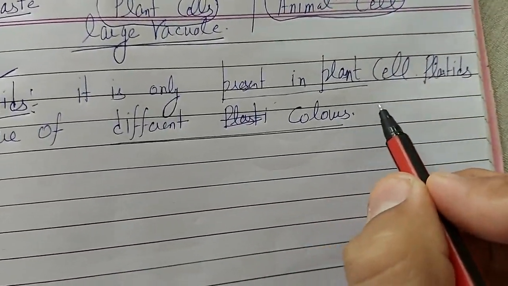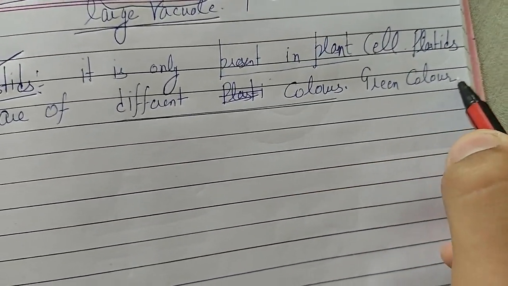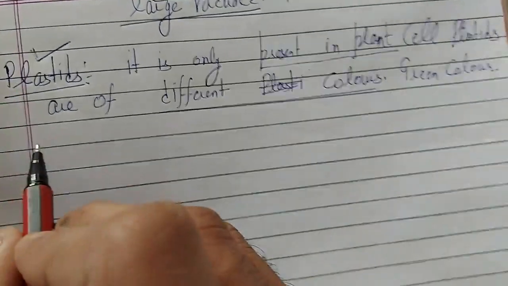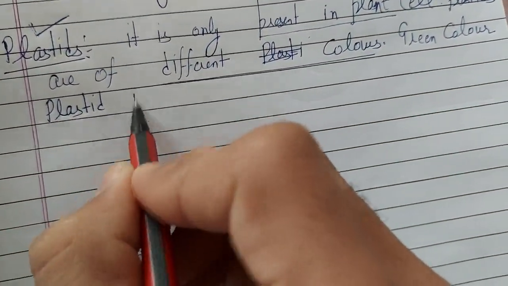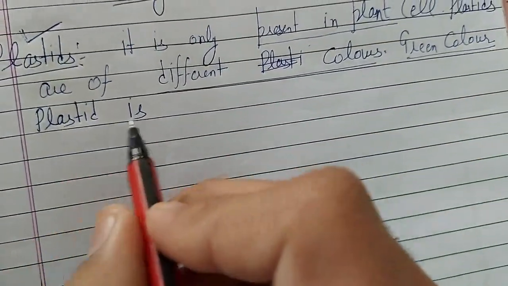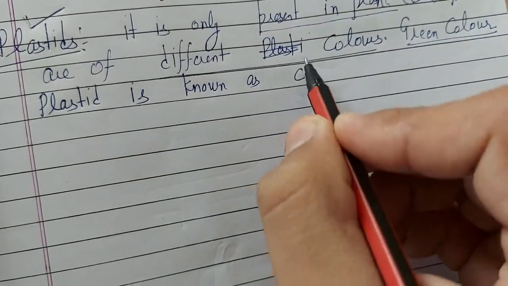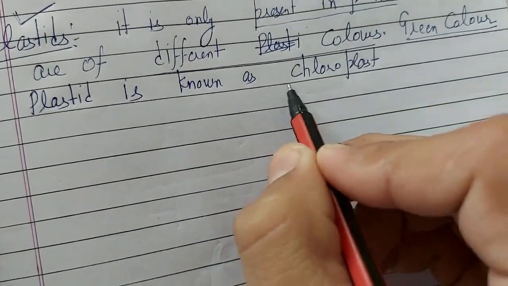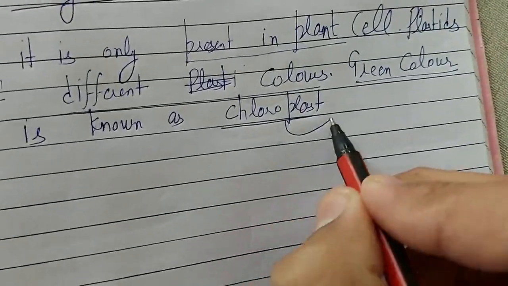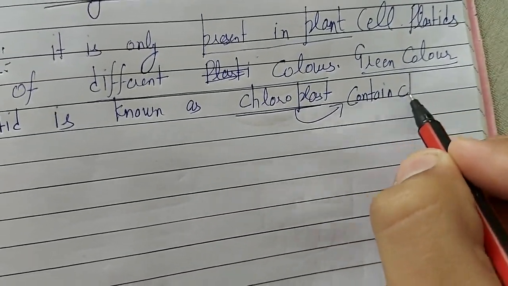One type is the green colored plastid, and it is known as chloroplast. And this chloroplast contains the chlorophyll, and you know from the basic classes what the function of this chlorophyll is.